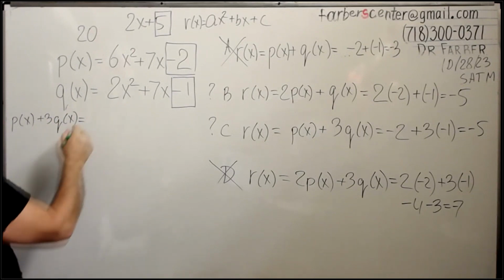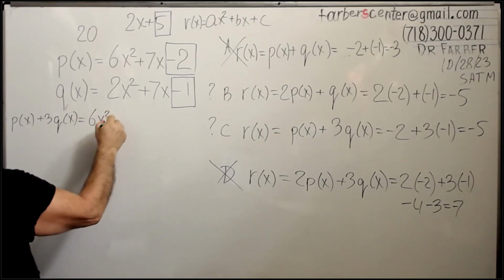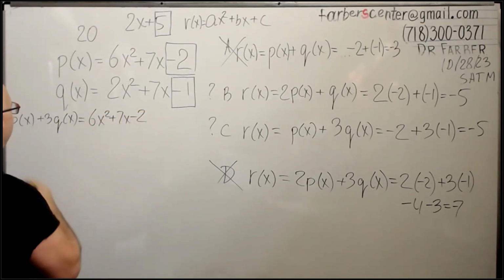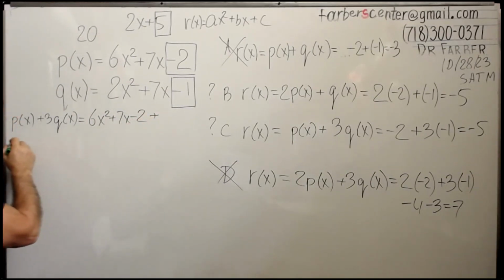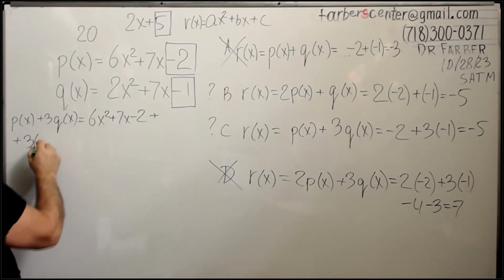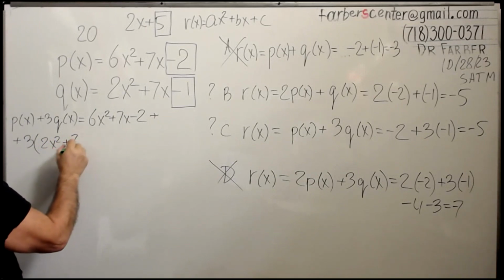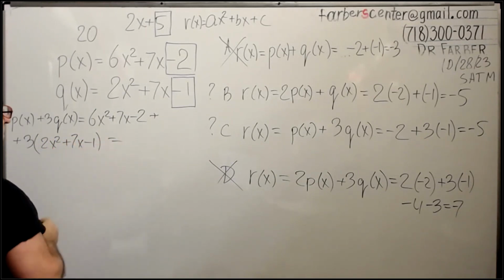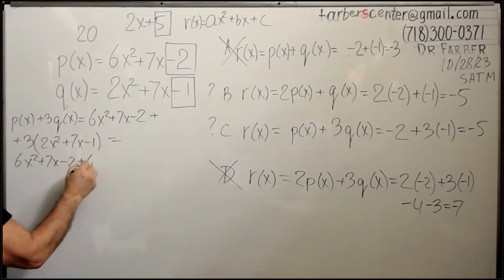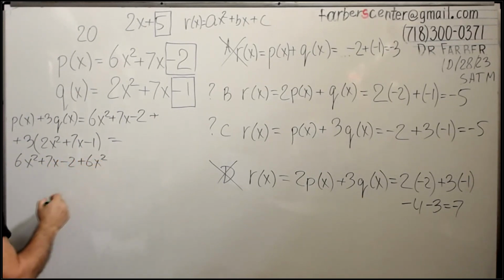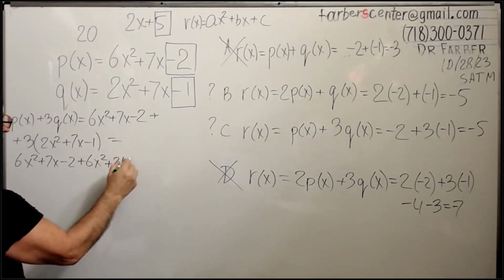It is 6x squared plus 7x minus 2 plus 3 times 2x squared plus 7x minus 1. Open parentheses, combine like terms. What I'll get? 6x squared plus 7x minus 2 plus 6x squared plus 21x minus 3.